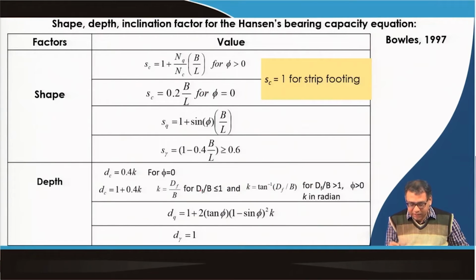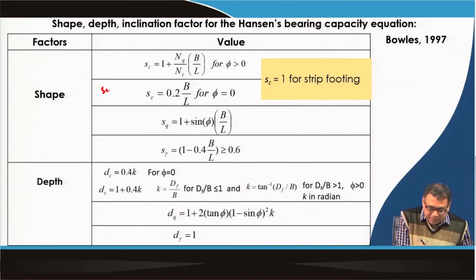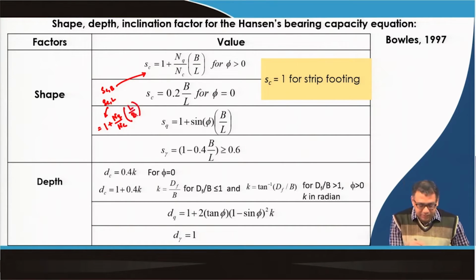Another modification, so that means these are the factors I am talking about. Now when you calculate SCB, then you use B. If you calculate SCL, then SCB means this equation, and if you use SCL, then you have to use 1 plus NQ by NC times L by B, for SCL.